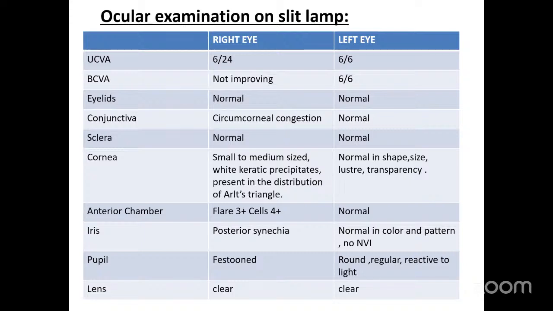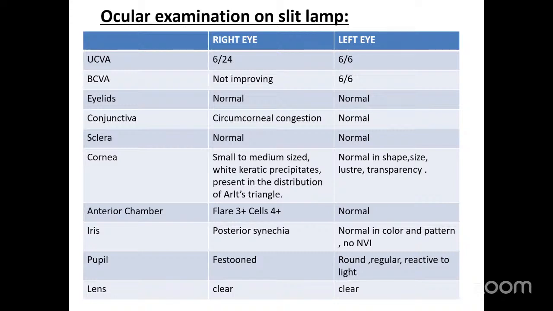The pattern of the iris. What else? Whether any atrophy is there or not. Can you tell me any one or two conditions where you'll find iris atrophy in a case of uveitis? We see segmental iris atrophy in herpes simplex uveitis, and diffuse in zoster. Okay.